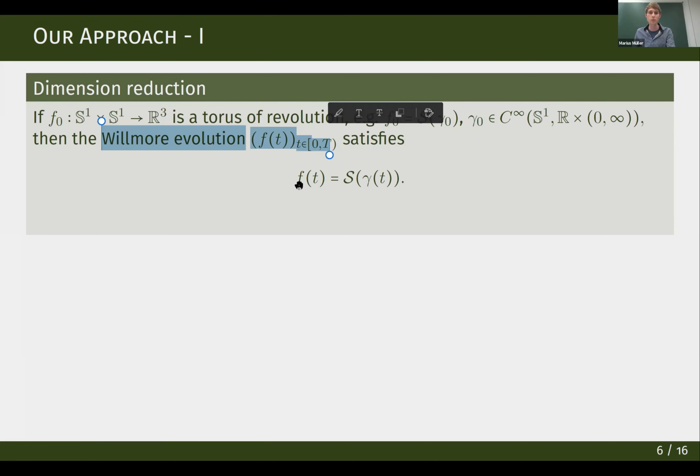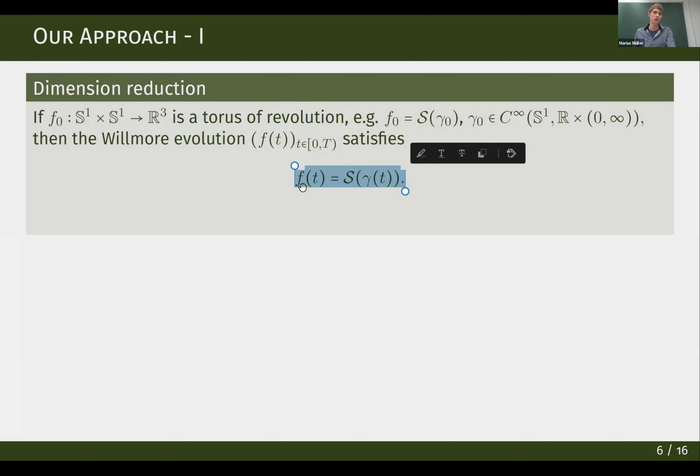So at each time you have this revolution symmetry. So at each time your immersion will be just a curve gamma of t revolved around the x-axis. So it will have this structure.